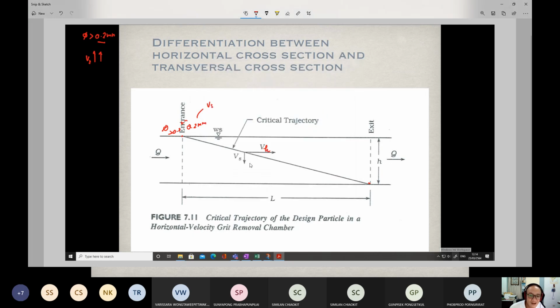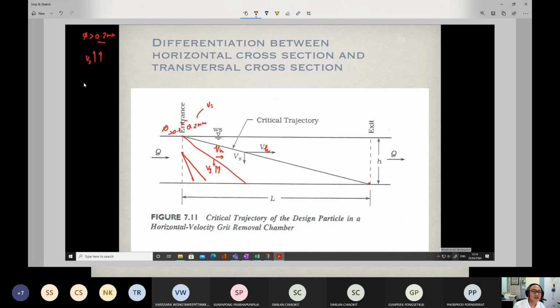The trajectory line will become like this. The horizontal velocity is the same, but the settling velocity is getting higher because the larger size will be heavier. So for larger size, it doesn't matter: even if it enters at any position at the entrance, it will finally settle to the bottom of the chamber.